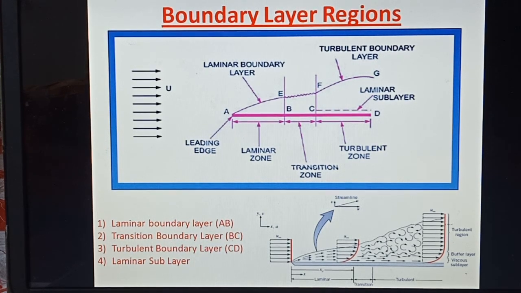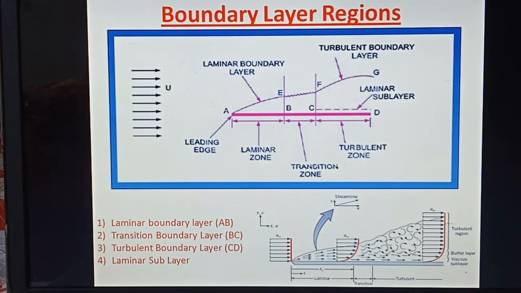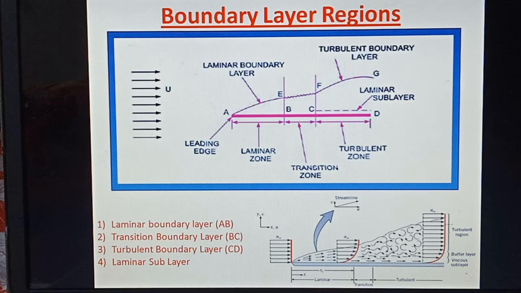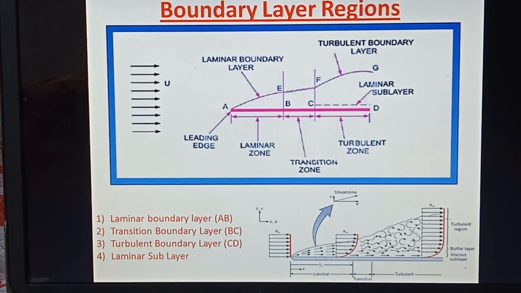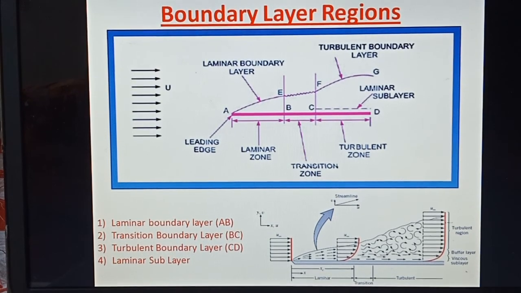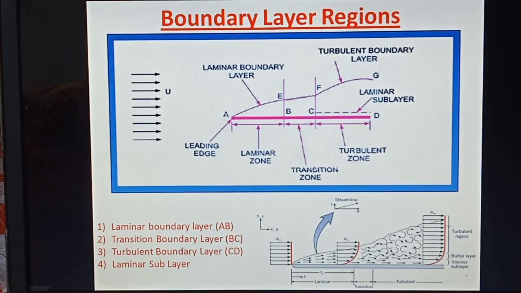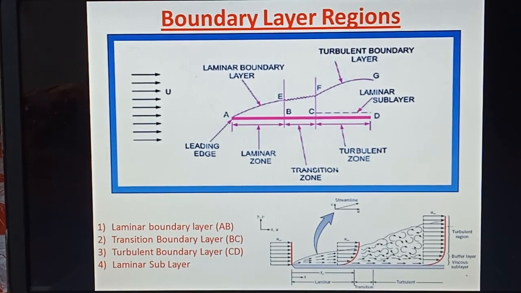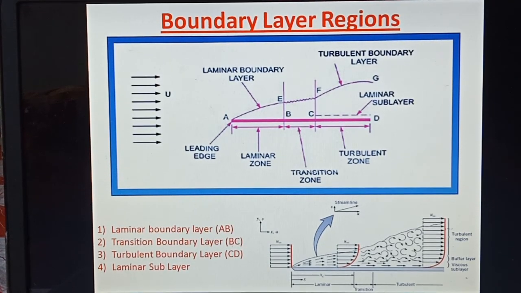As the variation in velocity is very small, the shear stress induced is also very small, and therefore the retardation to the fluid is also very less in a laminar zone. And that's why, as the retardation is less, the fluid moves in the form of straight layers. So A to B, we can call that zone the laminar zone.